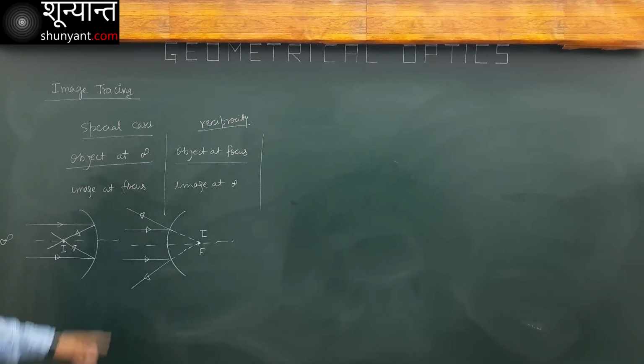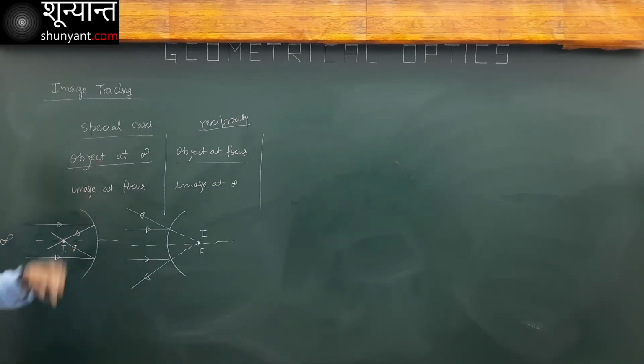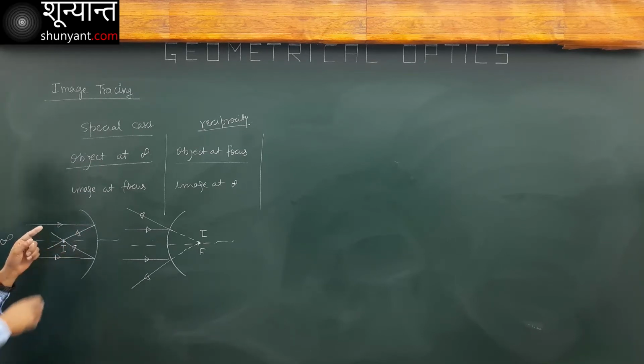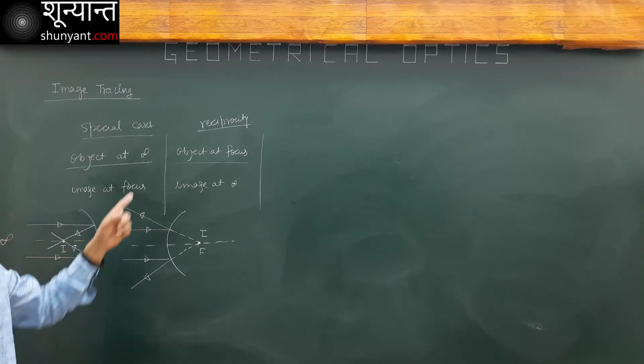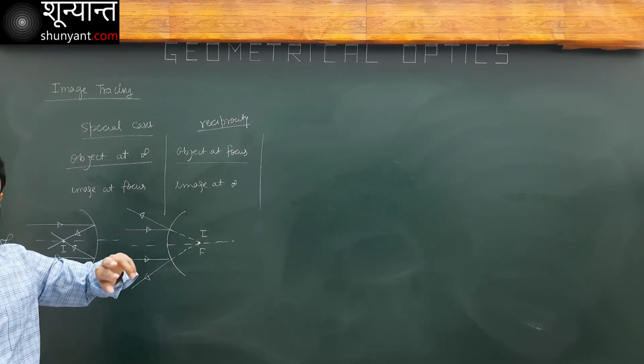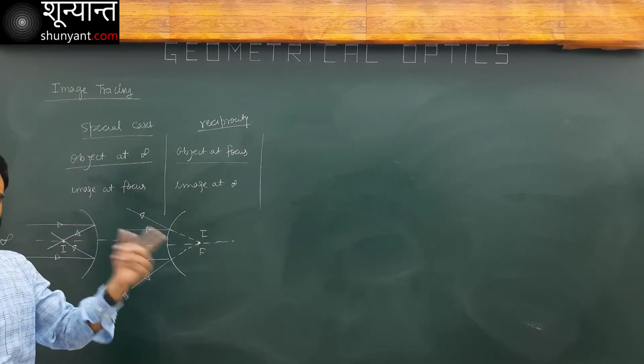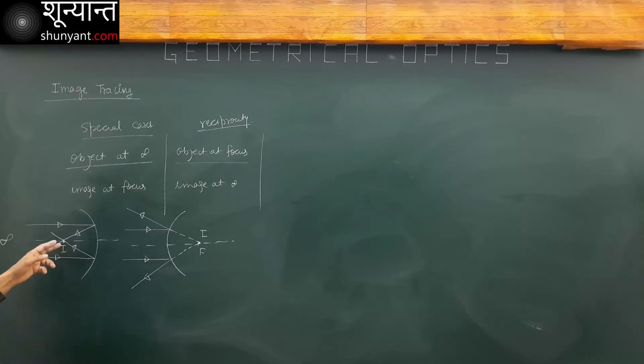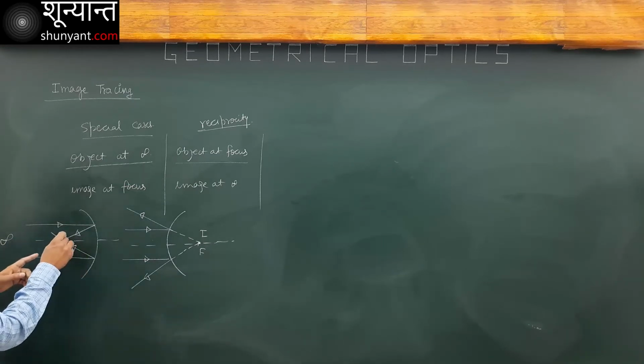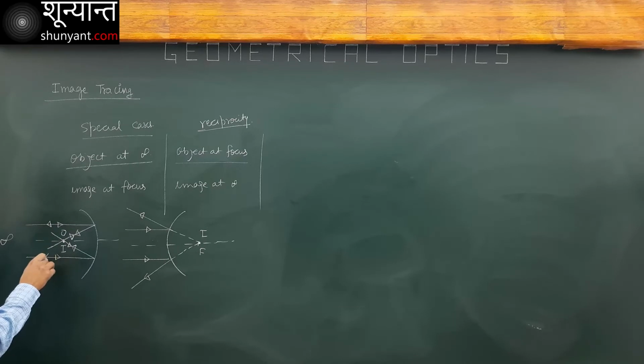Now, this is nothing but reciprocity. Incident and reflected light can be interchanged. That means object and image can be interchanged. If I keep my object here, then light rays start going in this direction, then they will reflect in this direction. Where will be the image? At infinity.